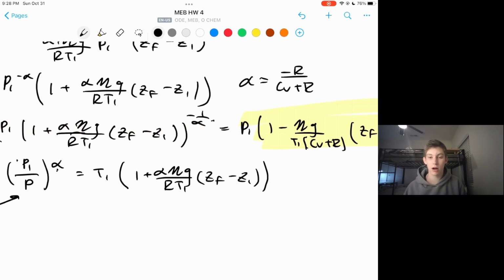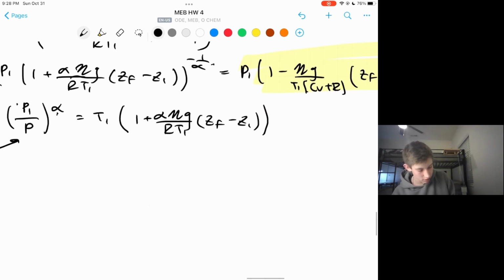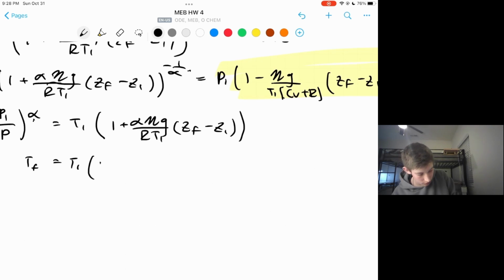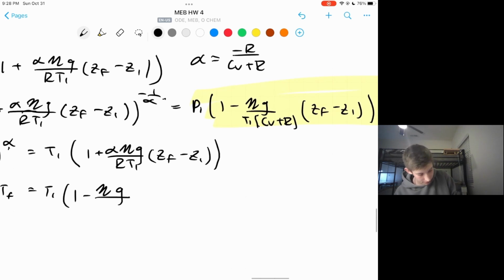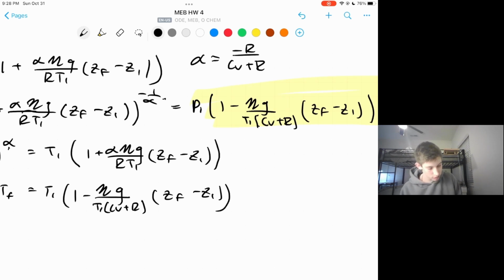And then I will just do the same thing here. So we will get the final temperature equals the first temperature multiplied by 1 minus molecular weight times G over T1 times Cv plus R multiplied by the difference in the altitudes.